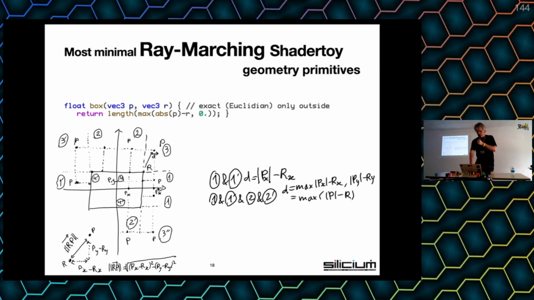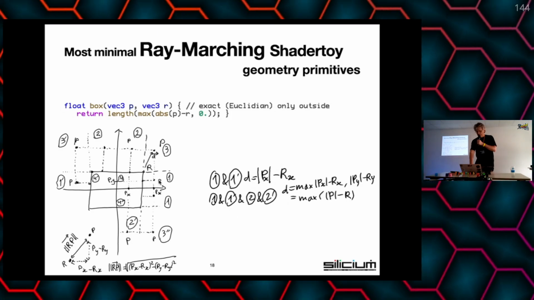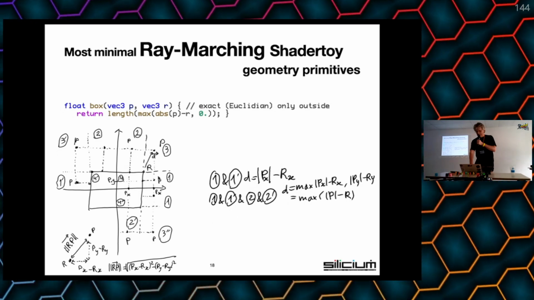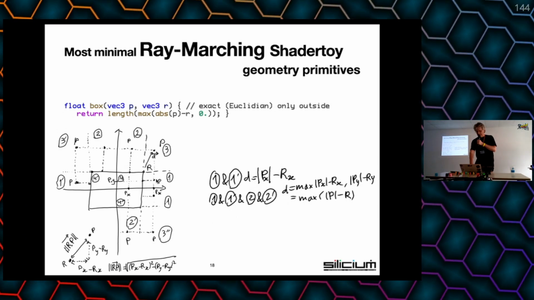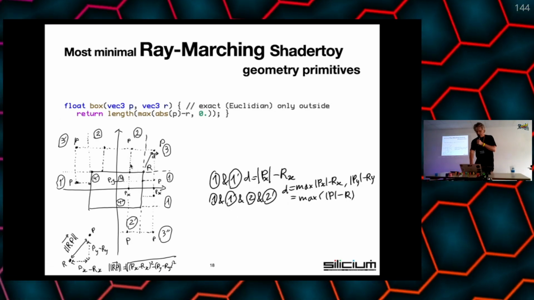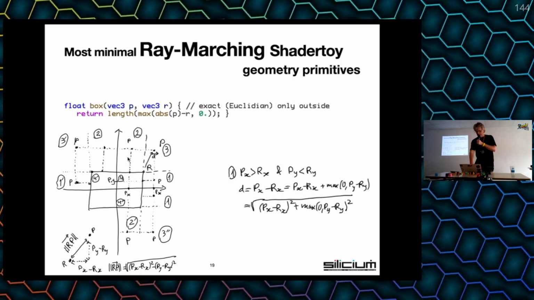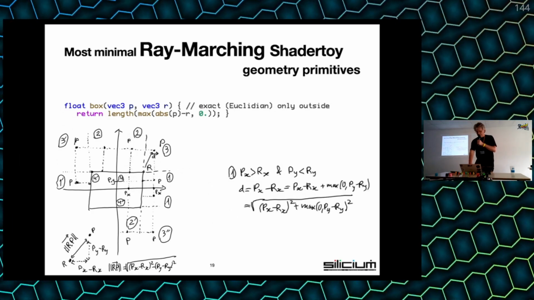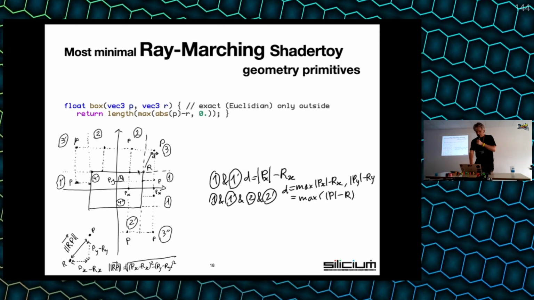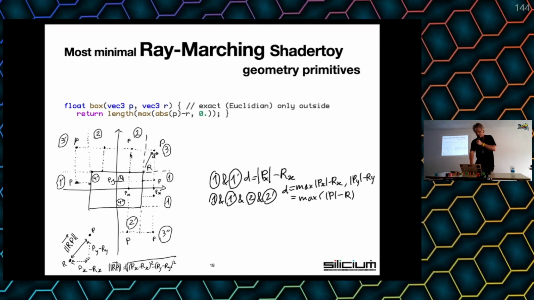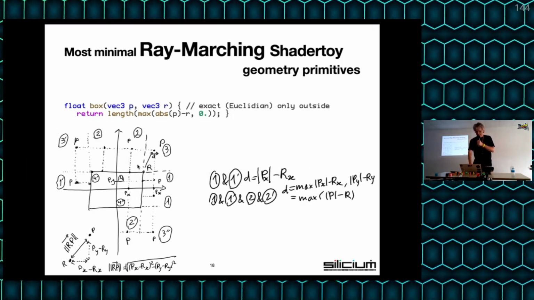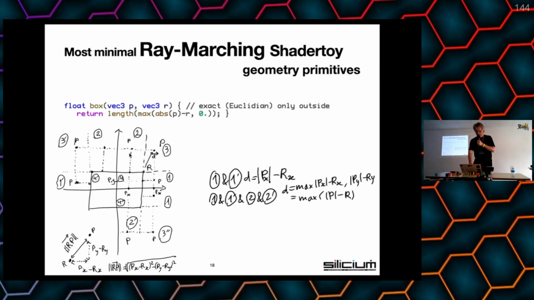And now, if we actually compute both, if the point is here, this is some distance. If we are here, we know that this length is going to be smaller than the length that we get here, because this has to be larger.